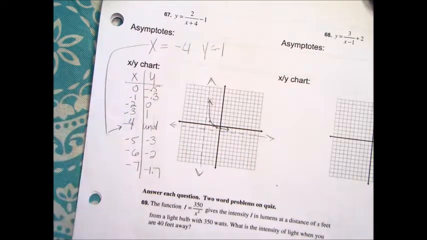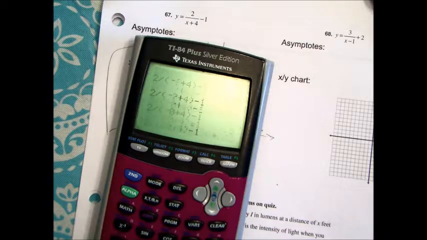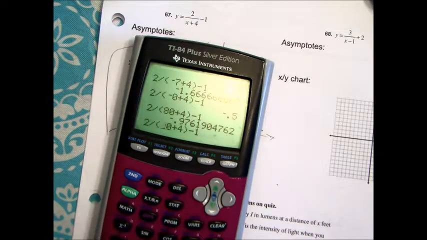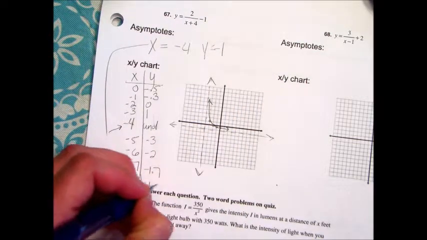Okay, let's do the other side. It looks like I'm probably going to want to go to -8. Oh boy. -1.5. Let's see what that looks like.